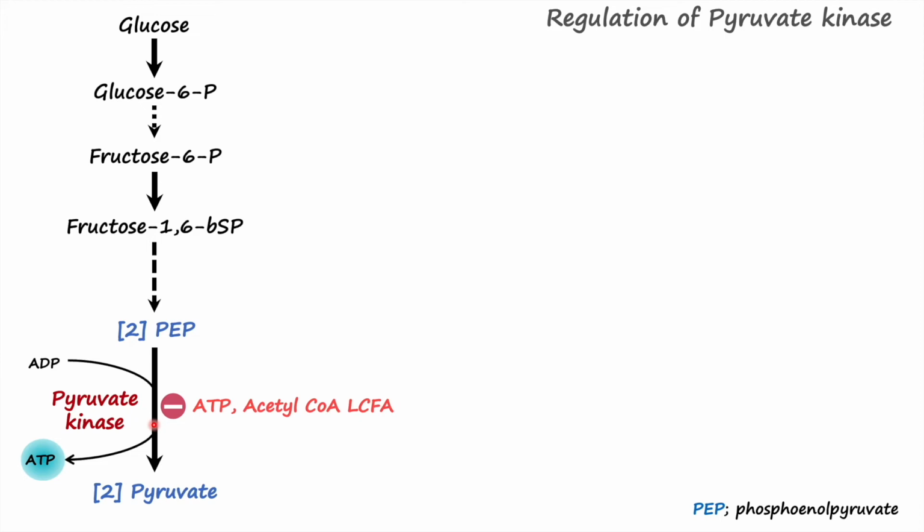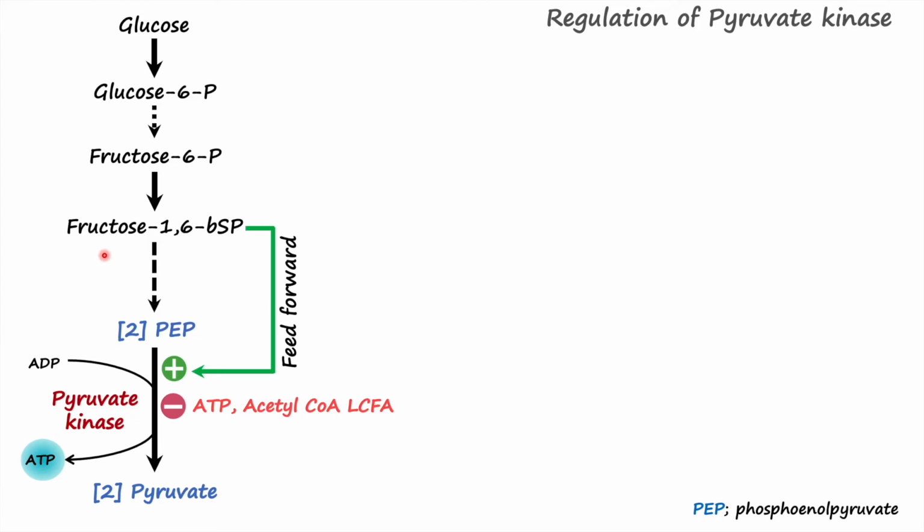On the other hand, the pyruvate kinase enzyme is activated by fructose 1,6 bisphosphate, and fructose 1,6 bisphosphate is the product of the phosphofructokinase 1 enzyme. So when pyruvate kinase is activated by fructose 1,6 bisphosphate, this is an example of a feed-forward reaction, and a feed-forward reaction is to make sure that the reaction is moving in the forward direction.